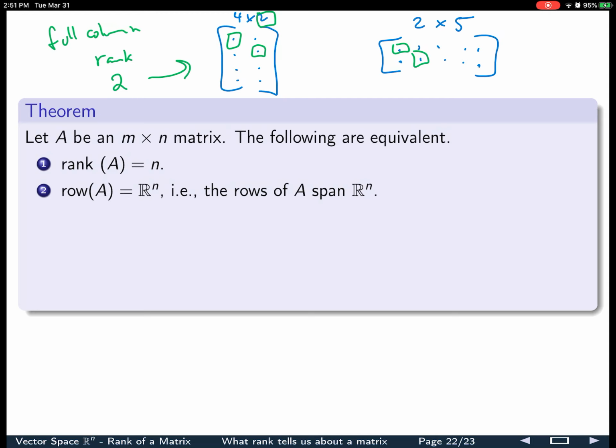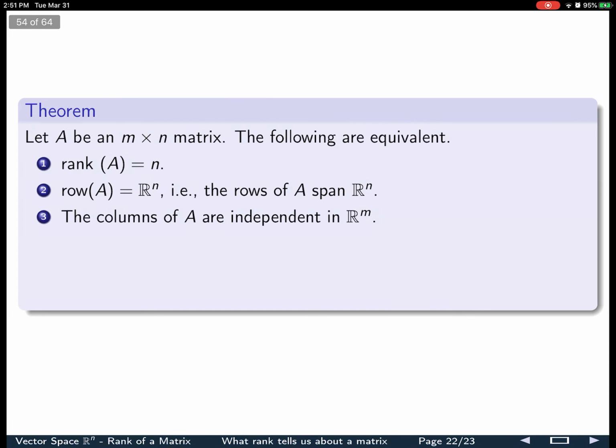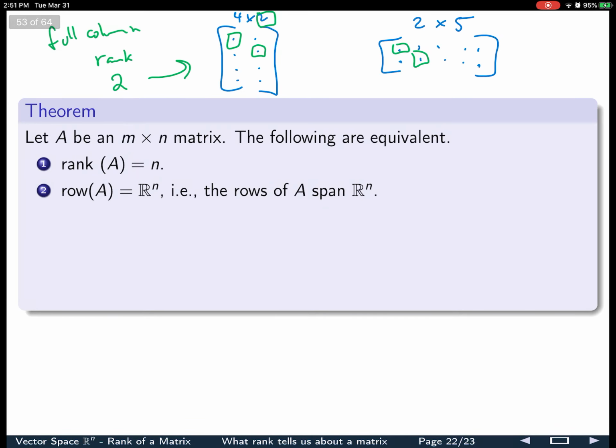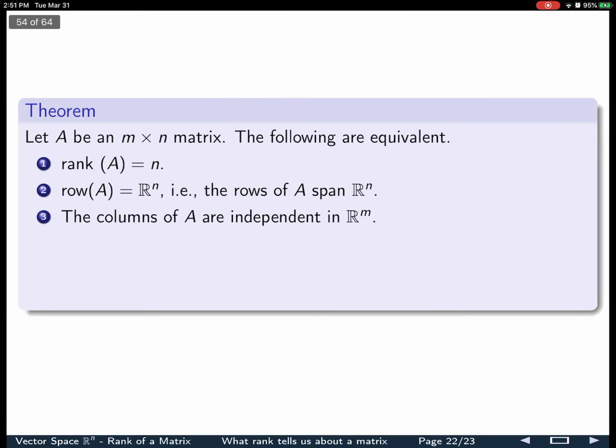But just know that yes, we could be working with a square matrix here. M could equal n, but if we're not, then it is a tall and skinny matrix versus a short and wide matrix. The columns of A are independent in Rm. Indeed they are. Those columns would be independent because each one has a pivot.